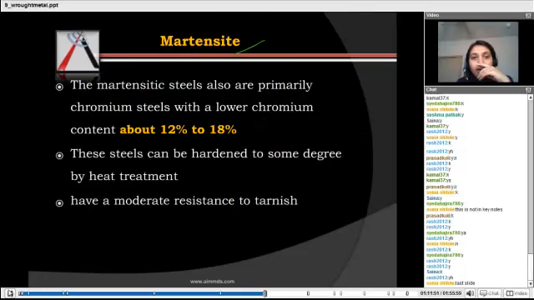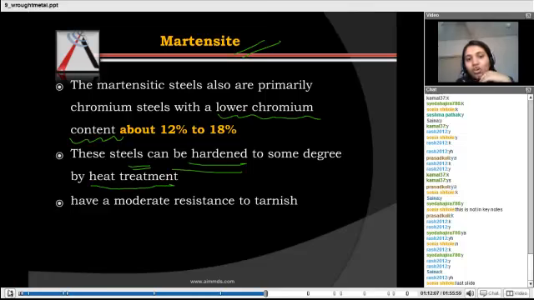Now look at the martensite. They have lower chromium content. This steel is hardened, so martensitic steels are comparatively hardened by heat treatment. They do not have very high tarnish resistance.